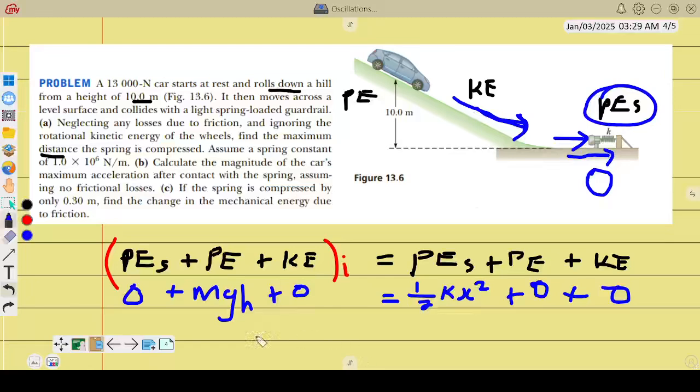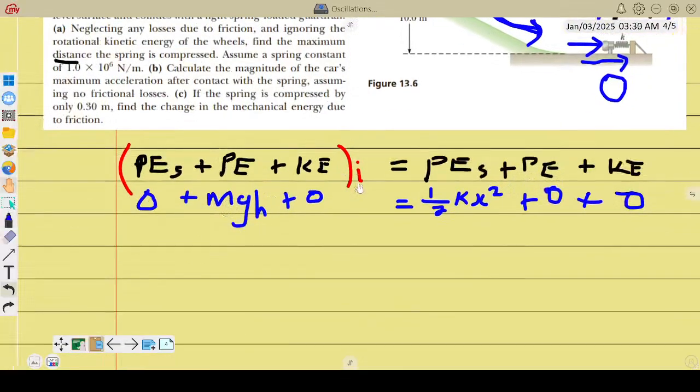At this point we can collect like terms and make the subject of the formula. So what do we have? We have mgh is equal to half kx squared.